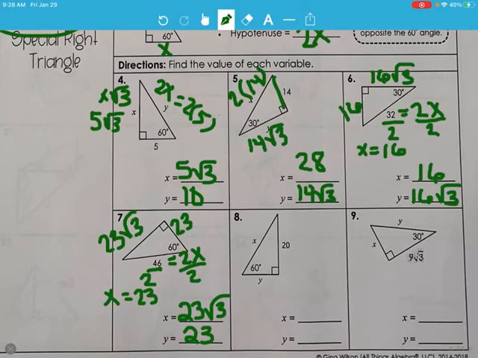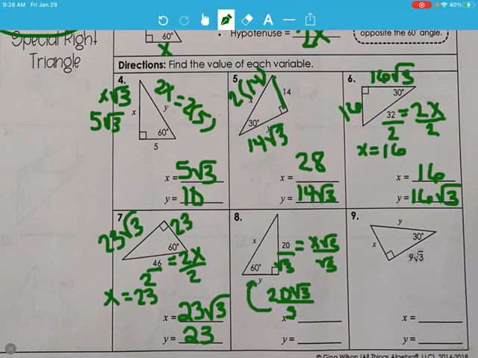Okay, number 8. This one's not a fun one because remember our longest side is X root 3, which means we have to divide by root 3 and we have to divide by root 3. But when you're doing that, remember, they don't like that square root, so take that root 3, put it on top, and erase the square root symbol. And there's X, or our smallest side, which is right here.